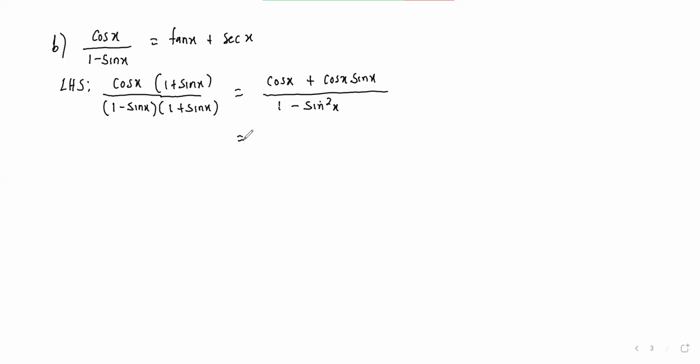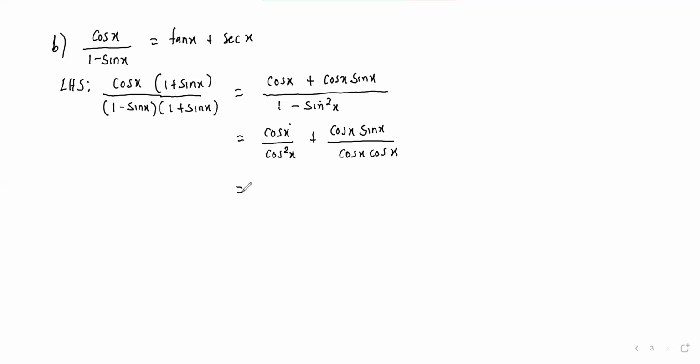But 1 minus sin squared x is what? cos squared x. So if we do this, cos x over cos squared x plus cos x sin x over cos squared x. Cos squared is the same thing as cos x, isn't it?